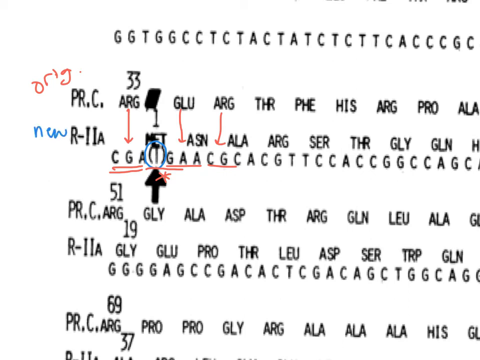So what else did this T do? Besides cause a stop codon in an existing gene, it also added ATG, a start codon. So then you start reading.